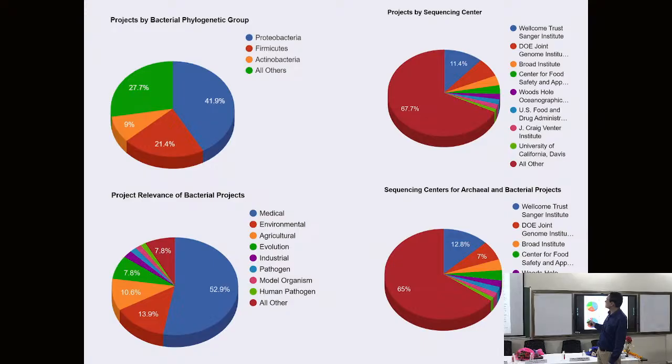Wellcome Trust Sanger Institute in United Kingdom, they sequence over 10% of all the projects actually. So over 10%, and then DOE, Department of Energy, Joint Genome Institute, Broad Institute, and so on. And I think it is similar for archaeal and bacterial projects.